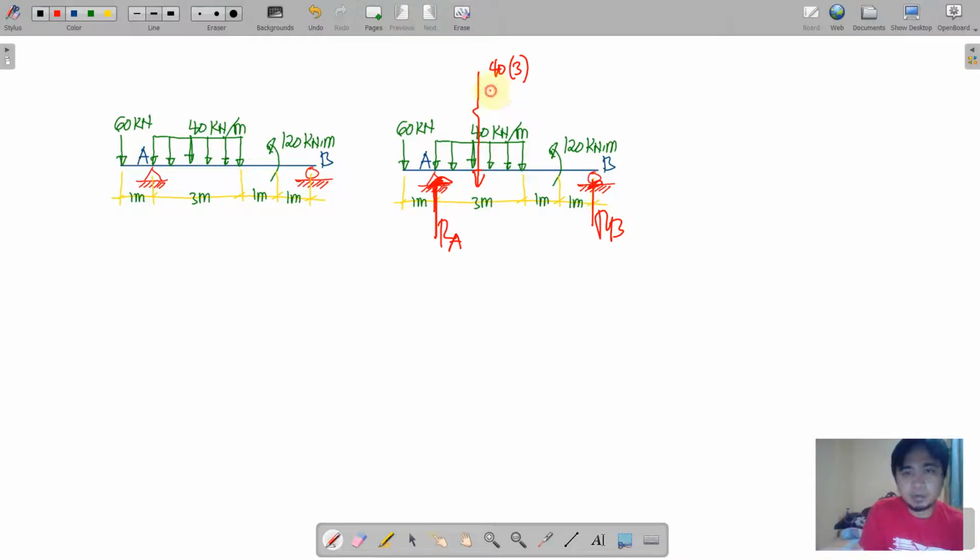So we have here 120. And to reflect our distances, so of course this is 1.5, and obviously the distance on the other side is also 1.5.